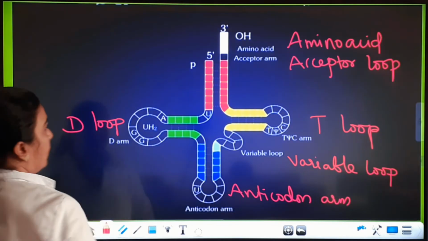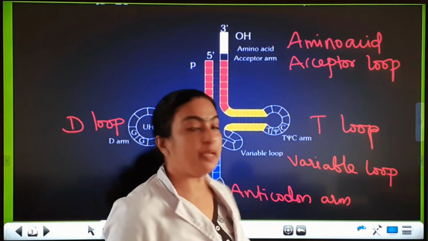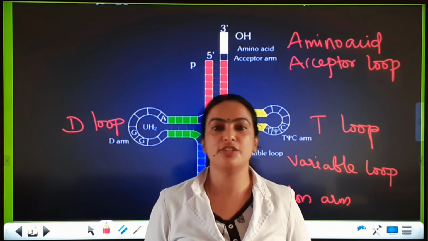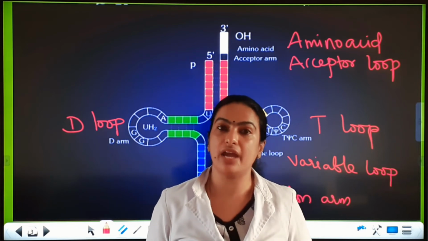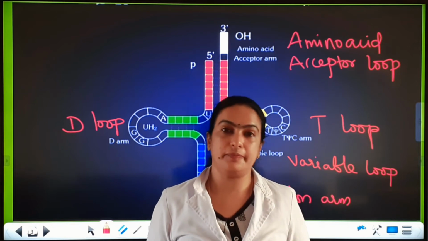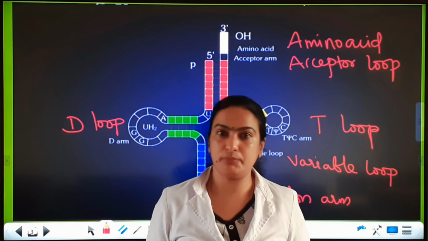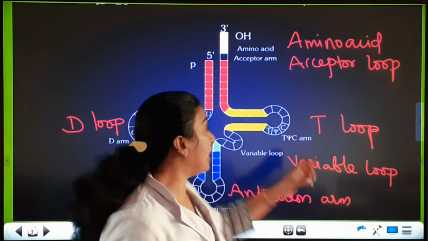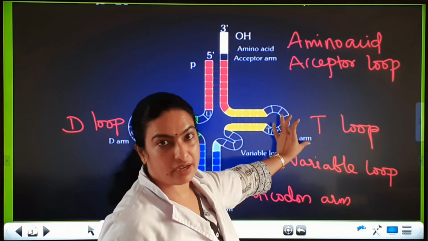Ribosomes have two subunits, larger and smaller subunits, in the translation process for catalyzing the formation of peptide bond, and those ribosomes are recognized by the T loop of this tRNA.